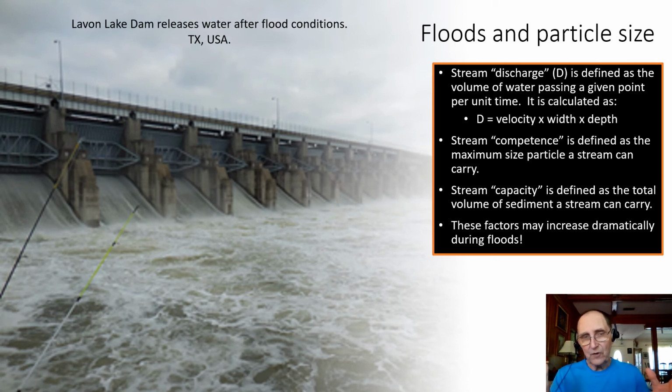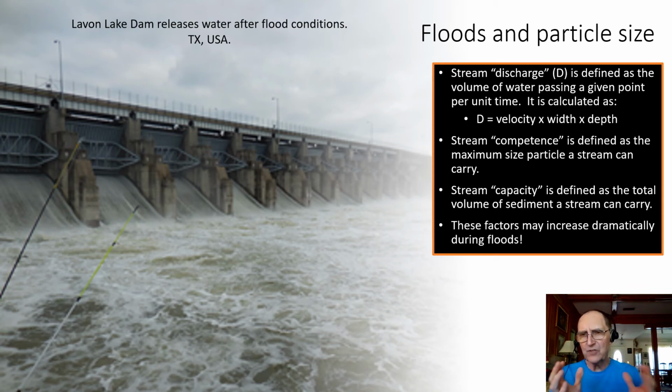Now, river floods are a significant natural disaster. So we should talk about floods and particle size. Let me define three terms for you at this time. Stream discharge is defined as the volume of water passing a given point per unit time. Discharge is a function of the velocity times the width times the depth of the channel.